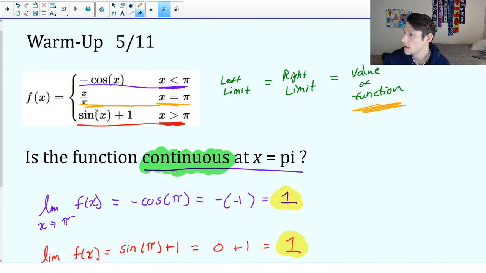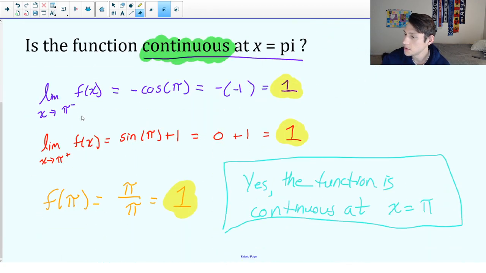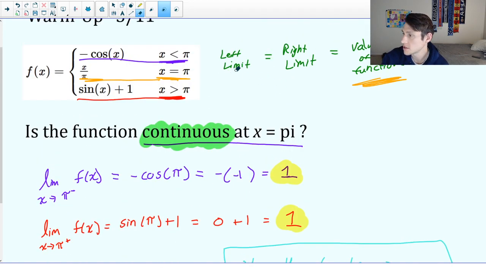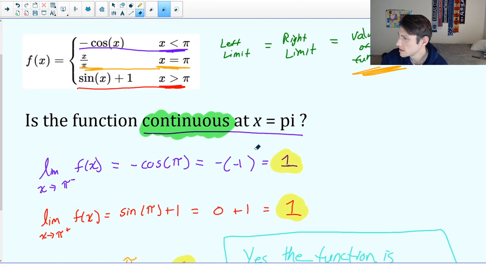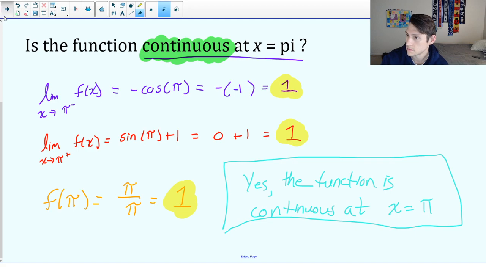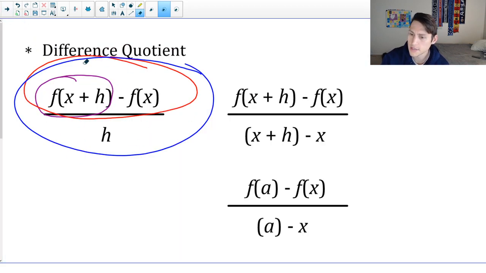Okay, so that's continuity. Whether we're doing it on the graph or on an actual function, again, it's just left limit equals right limit equals the value of the function. That's how we define something to be continuous. Okay, so this lesson is spliced from an earlier lesson that we did in the year, difference quotient.